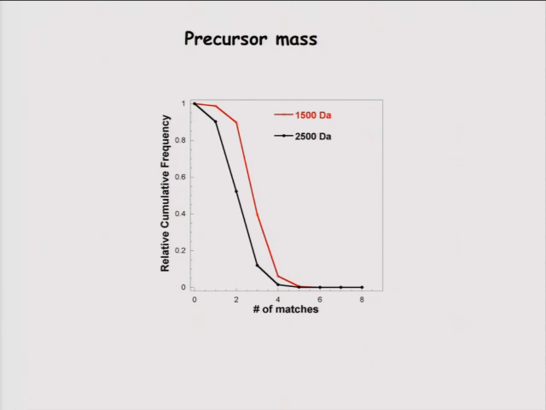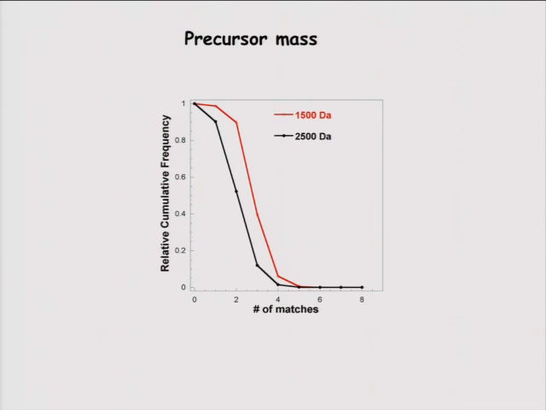So moving back to scoring with the number of matches and looking at the effect of the precursor mass of the data. So this is a simulation comparing 1,500 Dalton peptides and 2,500 Dalton peptides.